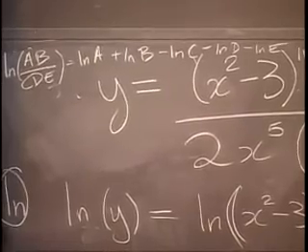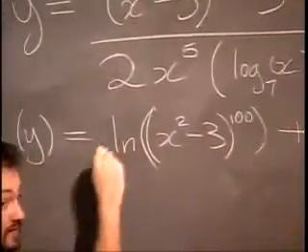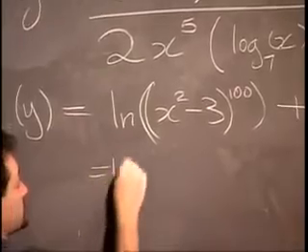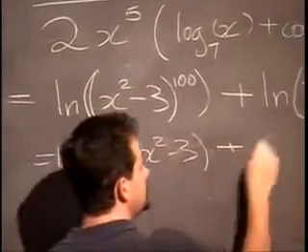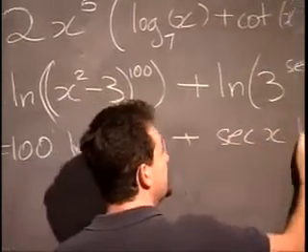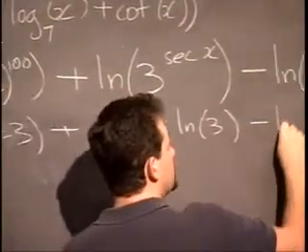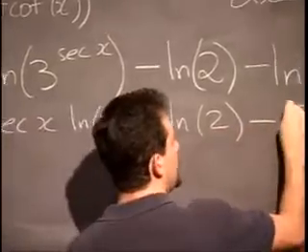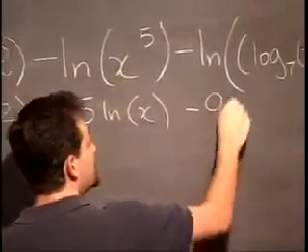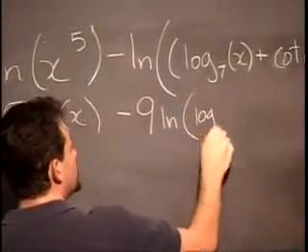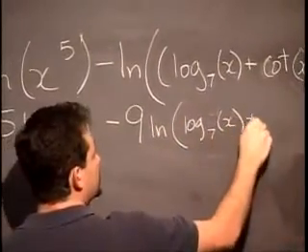But we can do even more. This is the 100th power. That comes out the front of the log. So it's 100 log x squared minus 3 plus secant x log 3 minus log 2 minus 5 log x minus 9 log of log 7 base x plus cotangent x.